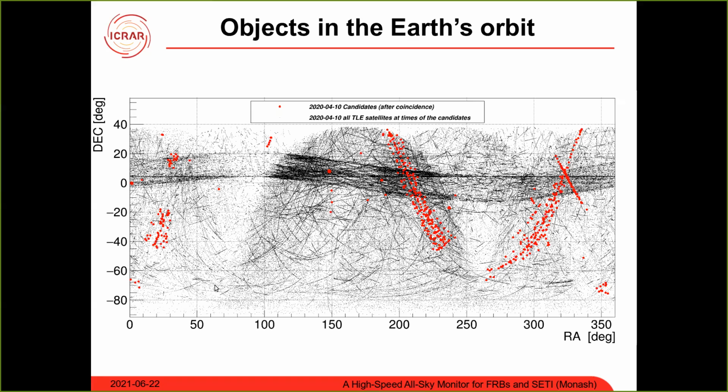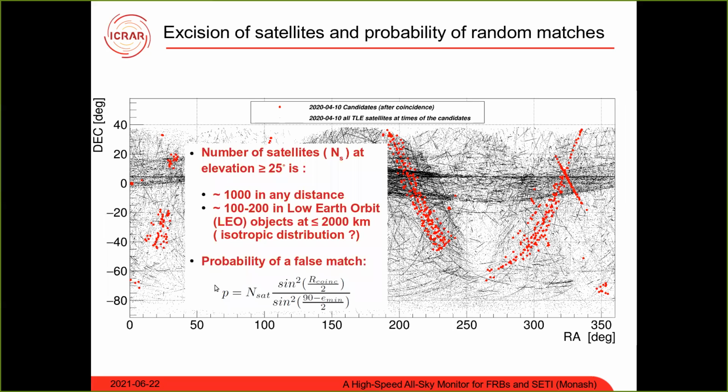You can also see some very small black dots, which are basically positions of all the satellites calculated for all the 2-second images from this particular night. So what you can see here is that there is plenty out there, and it's relatively easy to think that we can match any transient candidates to some satellites, randomly match.